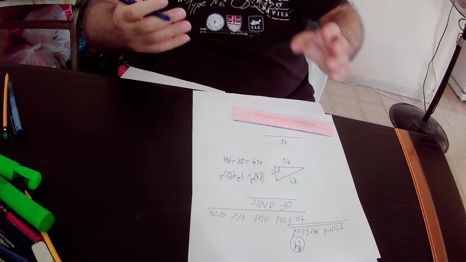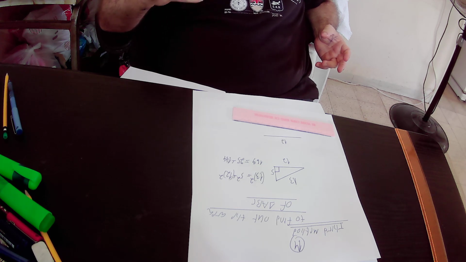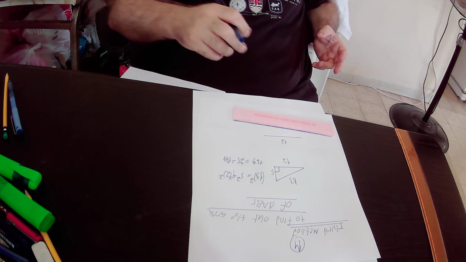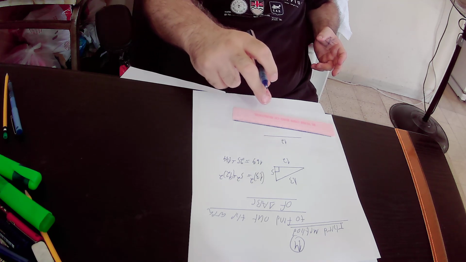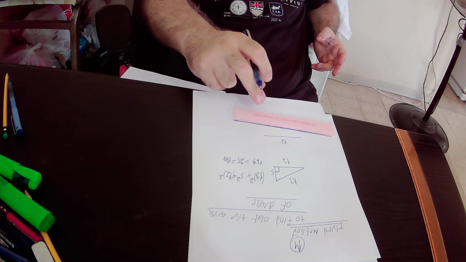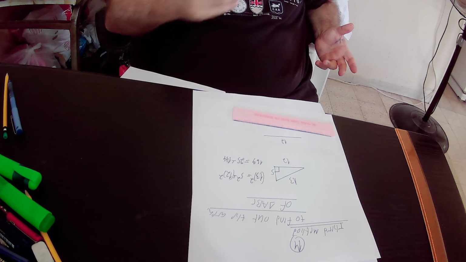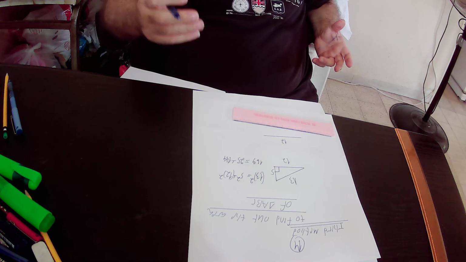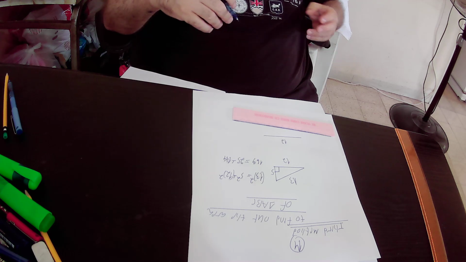So actually we prove that the height of triangle ABC equals 12 units when the base of triangle ABC is 14 units. And the area of any triangle equals the base times the height to the base over 2.